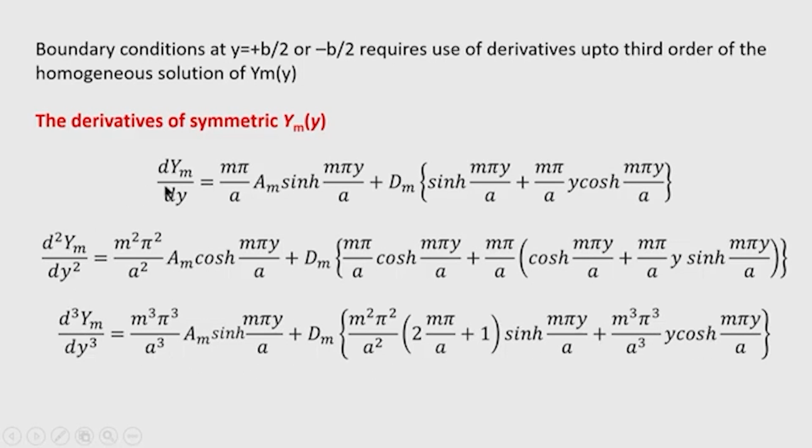So, interestingly it is noted that with an odd number of derivatives, odd terms appear, and with an even number of derivatives, even terms appear. Okay.